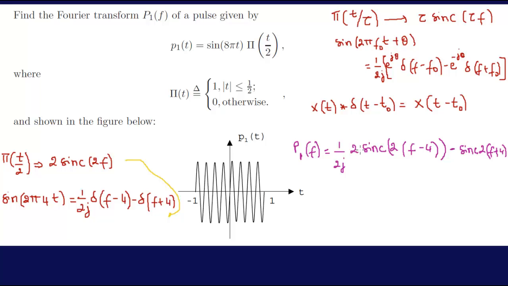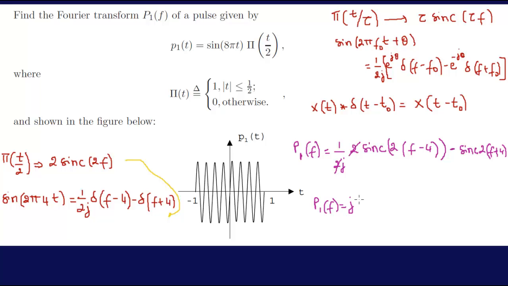Let me kind of regroup this. So P1 of f, cancel this out. Now this will just give me j, and I have the 2's canceling.